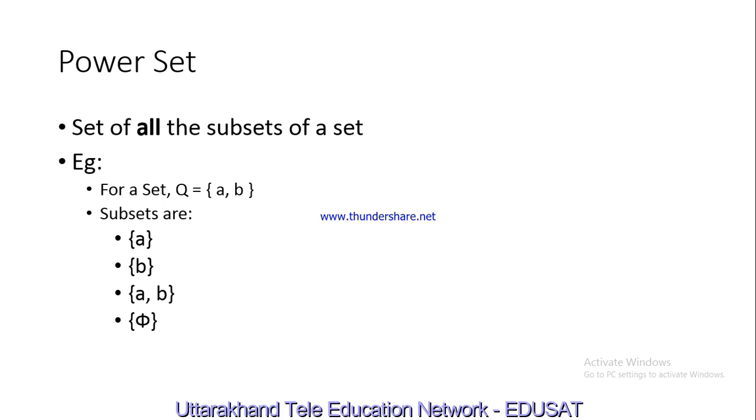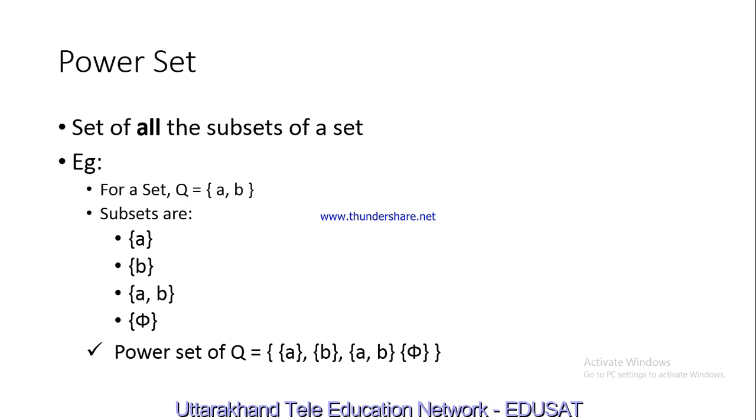Now if you create another set which includes all these subsets as its elements, then it will be called the power set. The power set will be A, this would be the first element, the second element is B, third element is AB and the fourth element is phi. This is okay.